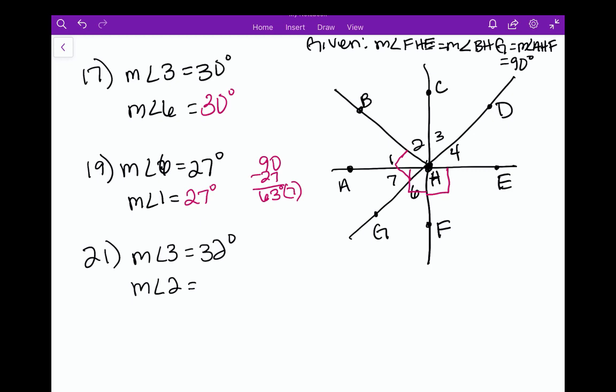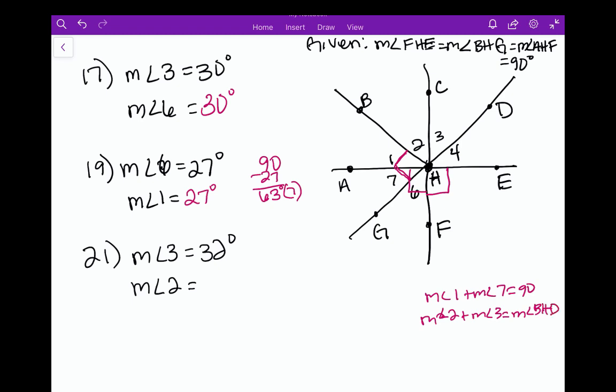For number 21, it says the measure of angle 3 is 32 degrees, and we need to find the measure of angle 2. Now, we know that 1 and 7 together make a right angle. So the measure of angle 1 plus the measure of angle 7 equals 90. We also know that the measure of angle 2 plus the measure of angle 3 equals the measure of angle BHD.